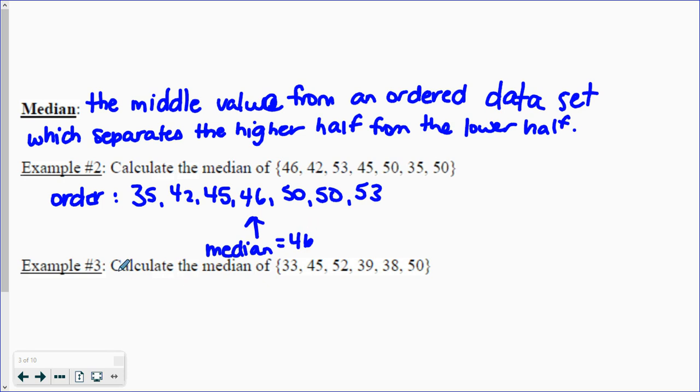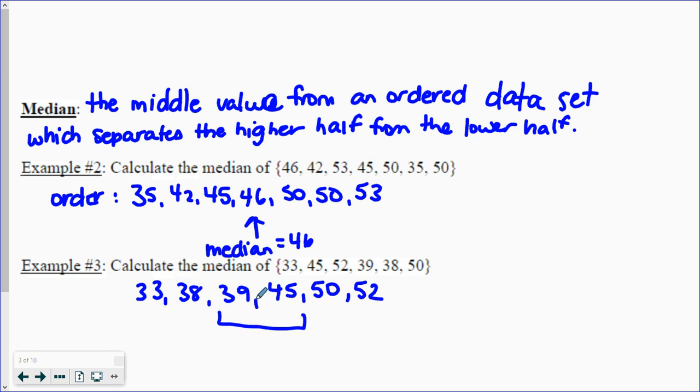The next one's still on median. So we have a couple numbers there. Organizing it, 33, 38, 39, 45, 50, and 52. So in this case, we have 6 numbers. We have an even number. So to figure out our median, we need the halfway point between those 2 middle numbers.